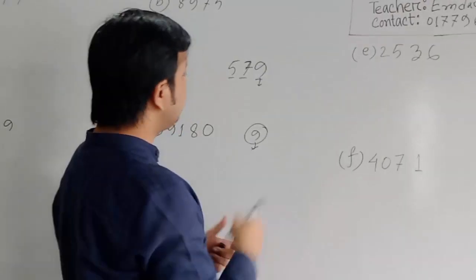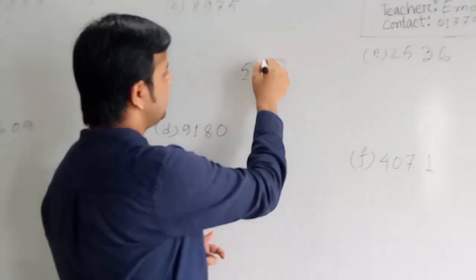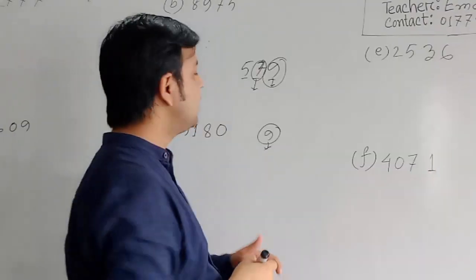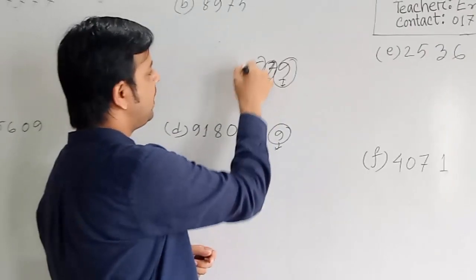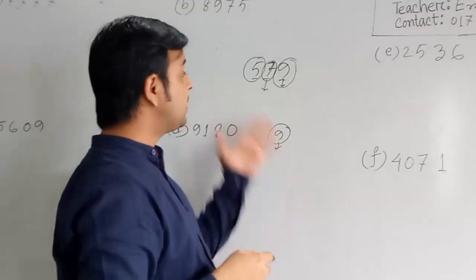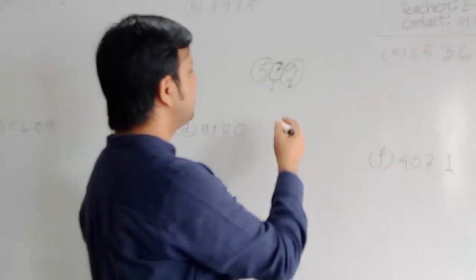So we can say the value of the digit 9 is 9. Similarly, the value of the digit 7 is 7. It means 7 items. And the value of the digit 5 is 5. It means 5 items or 5 things or 5 taka it may be.